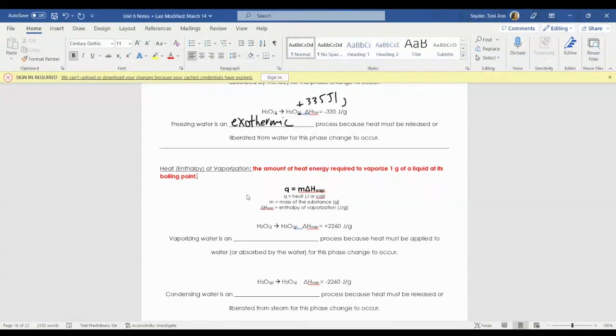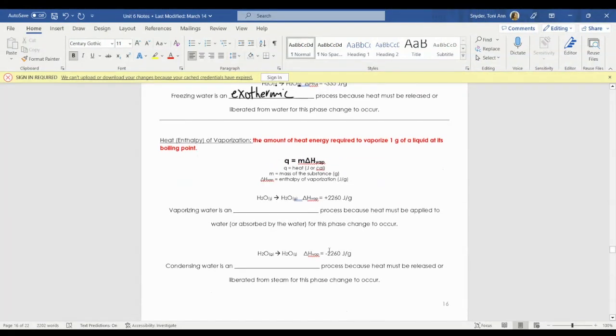Now remember, we could use heat or enthalpy of vaporization to say, okay, how much energy is needed to vaporize it. But really, if we switch the sign, it also tells me how much heat is released when I condense 1 gram of a gas into a liquid. And that's what we're trying to demonstrate here, that when I flip this process around, the sign for delta H changes.